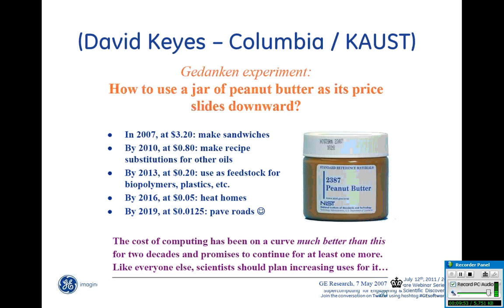has impacted how we choose to use computers, in comparing it to the jar of peanut butter here. So if we take a similarity in cost reduction, and the one that we see in computing is even more dramatic than this, we make sandwiches with it at $3.20 per jar.